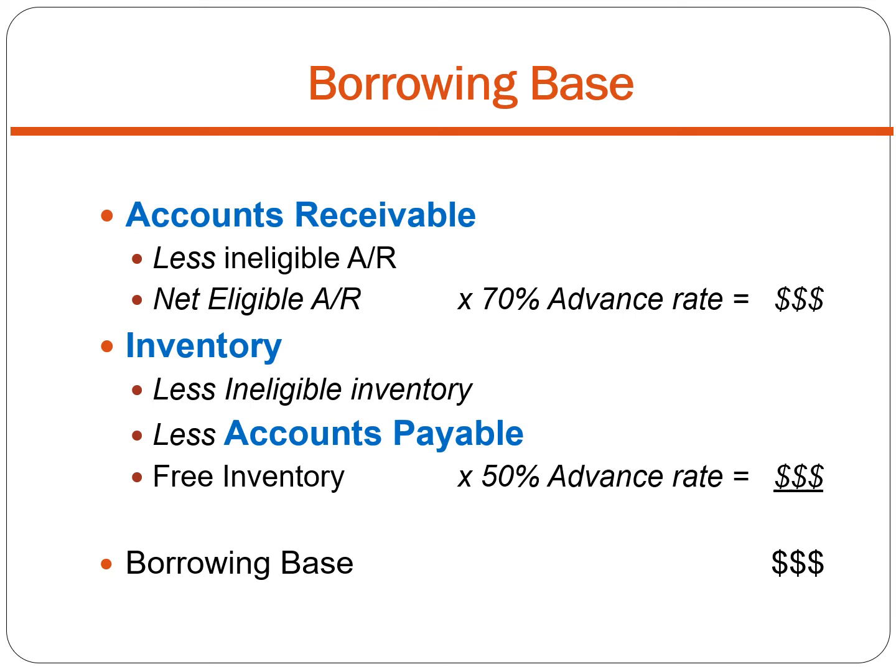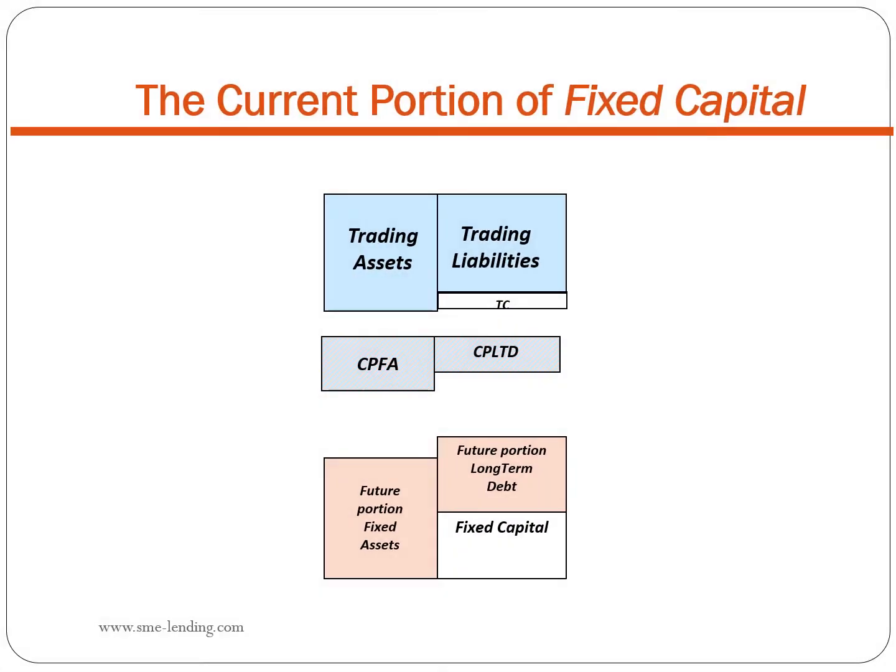You will not find in any lender's borrowing base formula the current portion of fixed assets nor the current portion of long-term debt. Only trading accounts factor into the calculation of the borrowing base for credit lines. So there is significant value to focusing on just the trading accounts while excluding the influence of the long-term accounts.